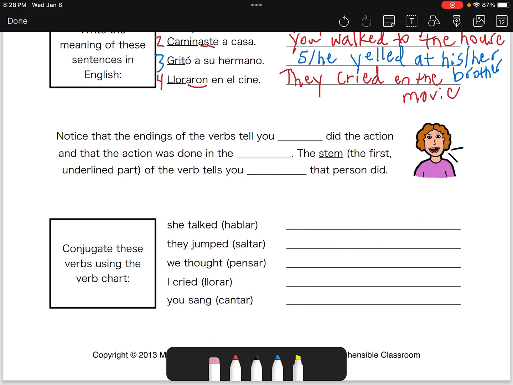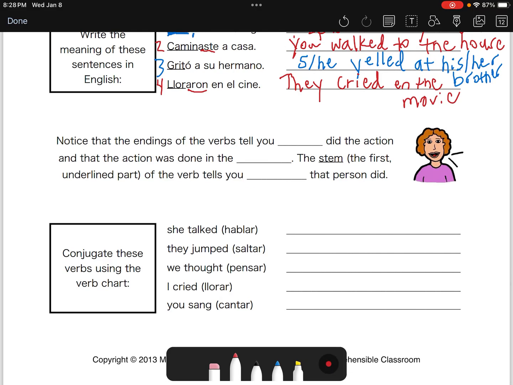This also says, notice that the endings of the verbs, they tell you who did the action and that the action was done in the past. The stem, the first underlined part of the verb, tells you what that person did. So it tells you the verb first, and then the ending is who did it and when it was done.